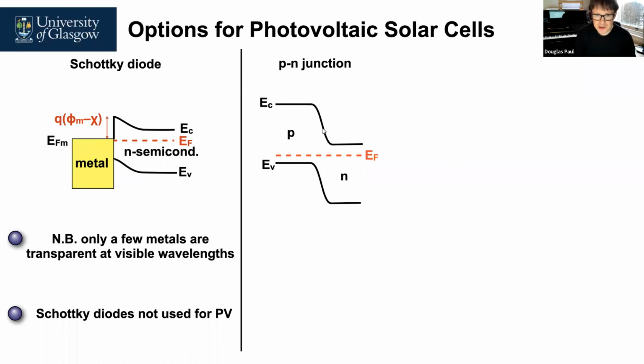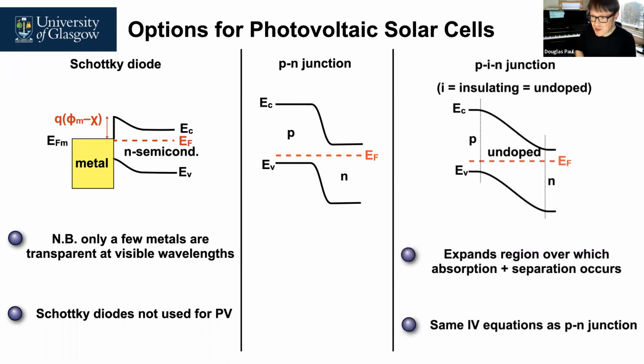And so in the gradient between these two, we end up with a strong electric field that separates the electron-hole pairs. Now in most semiconductors, the doping you need to do this well and have low resistance losses means that this distance is probably only going to be 100 nanometers for absorbing.